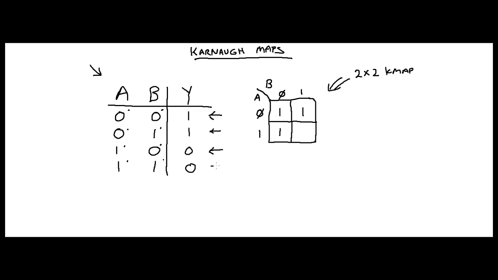And when A is 1 and B is 1, I'm sorry, Y will be 0 for the other one. There you go. There's your 2x2 K-map. All right? Okay, so we're going to try another K-map next. Okay?